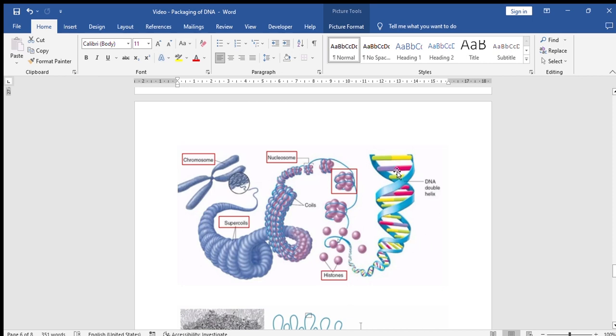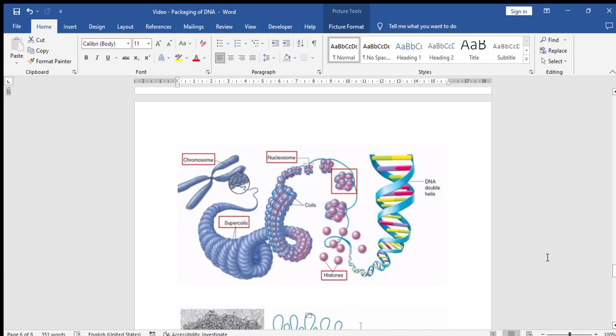So the DNA is negatively charged and histones are positively charged. So this negatively charged DNA binds itself around these histone molecules, and then in turn these bound histone molecules, which are surrounded by DNA, coil around itself in a structure like this, and then it forms a structure called a chromosome.